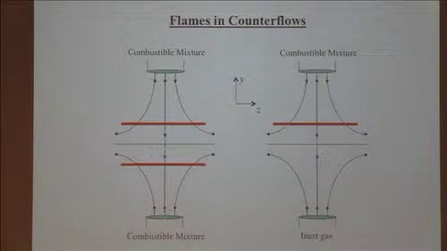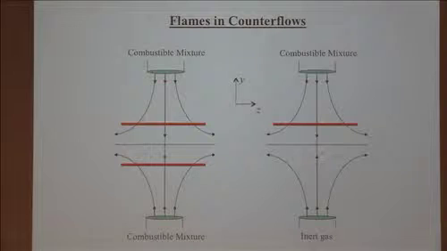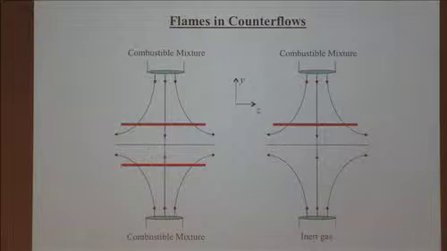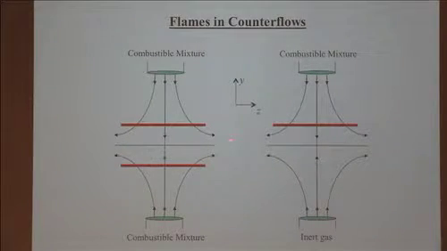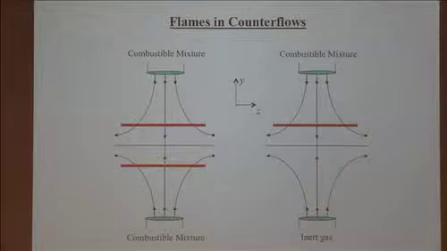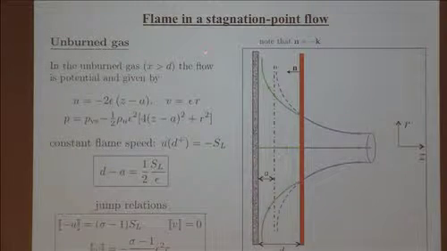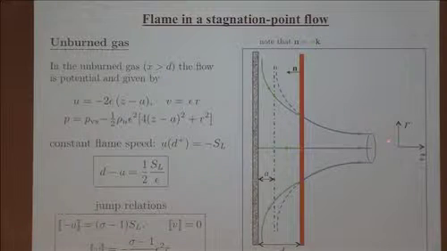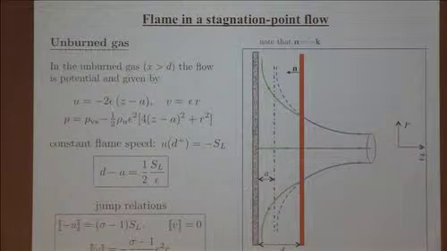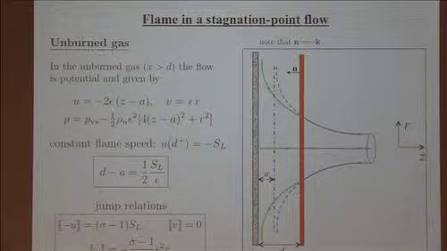And so we are going to try to describe this mathematically using the hydrodynamic model that we have discussed so far. An equivalent problem to this is if I put, instead of this symmetry line, a surface, right? So it's going to be a flame in a stagnation point flow.